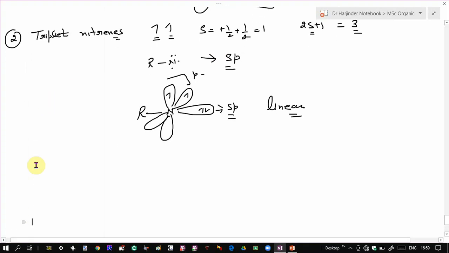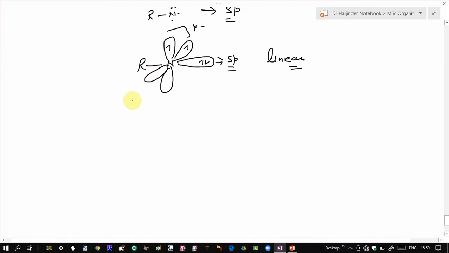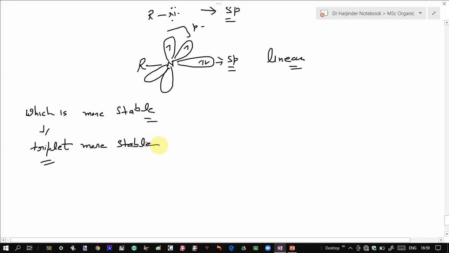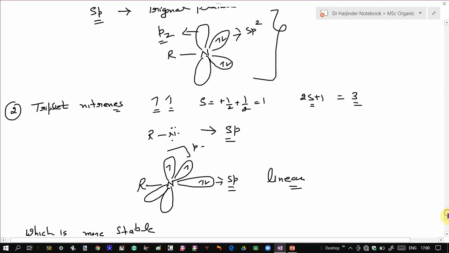Now, as in the previous case of carbenes, if you look at these singlet and triplet nitrenes, which is more stable? Same as in the previous case, these triplet nitrenes are more stable. Why are they more stable? Because in case of singlet nitrene, both electrons are present in the same sp2 hybrid orbital.